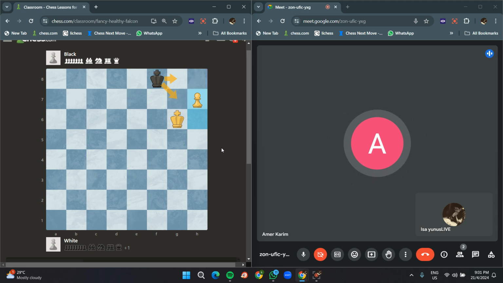Otherwise, if white occupies this square, usually this is a draw. But due to this king position and this pawn position, this is the only exception that white can win. So keep in mind this exception. Otherwise, usually this is a draw if the opponent occupies the key square and you are unable to occupy this key square.